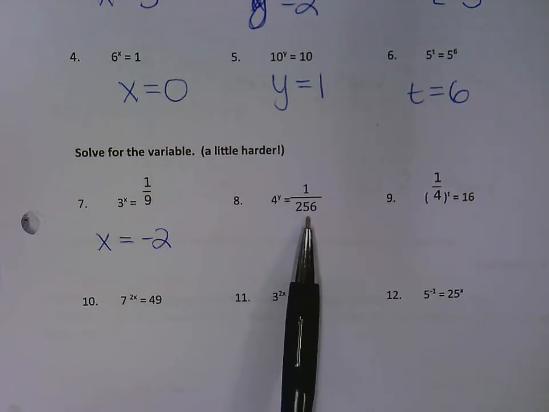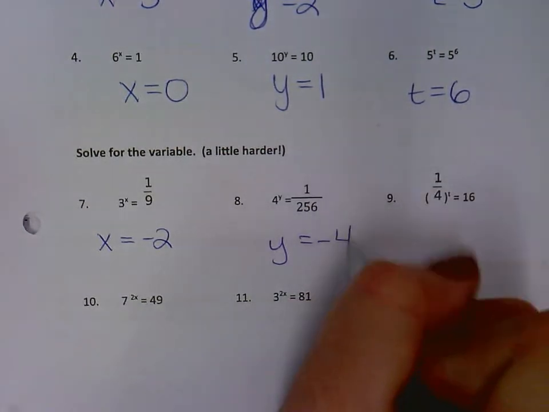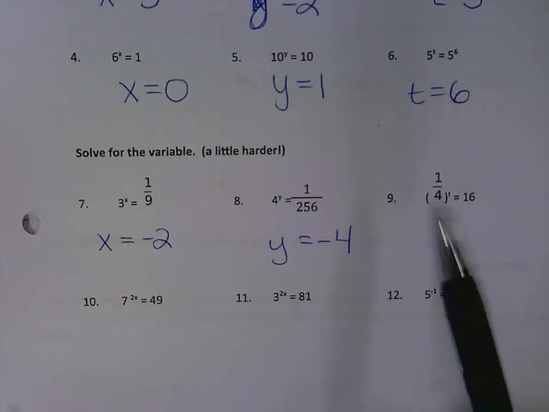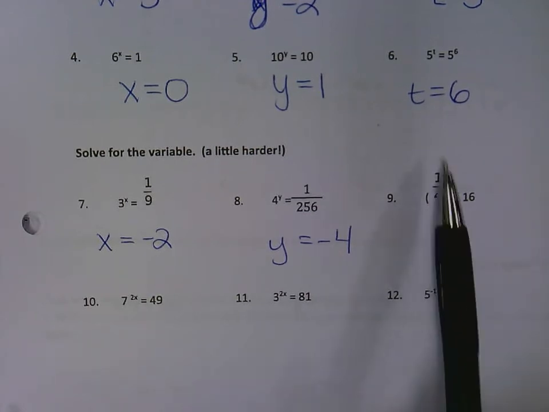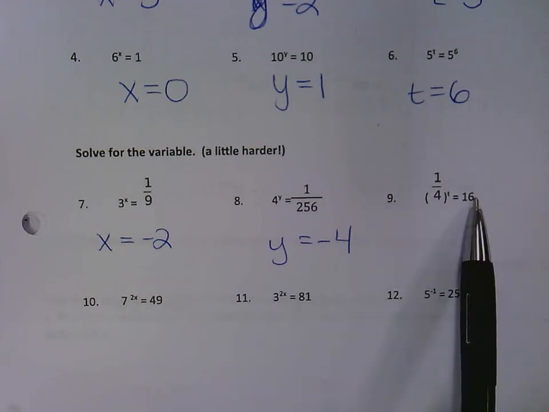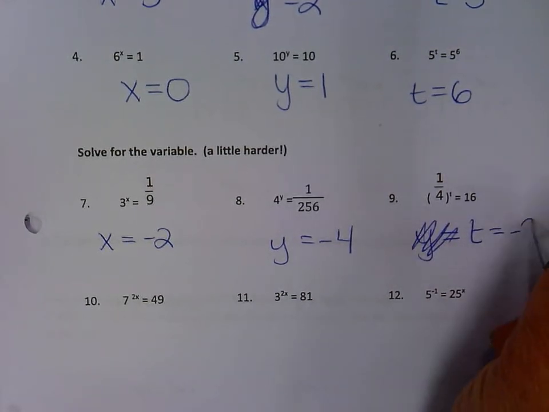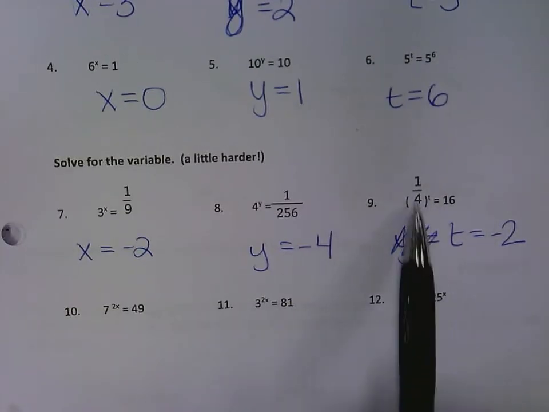So it would be the negative 4th. This one is kind of going the opposite direction. I'm starting with a 4th, but I have to flip it to get up to 16. So the negative 2, oh, so it's t, whoops, t equals negative 2, right? Because I'm flipping it and then squaring it to get 16.